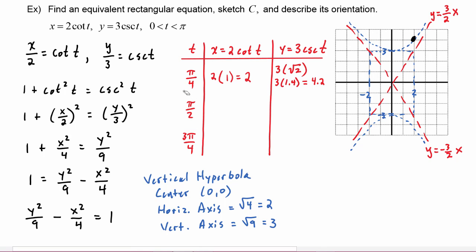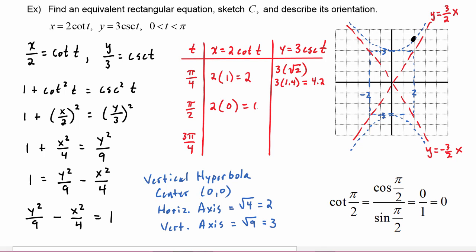Next, we plug in t is equal to pi over 2. For the x value, we have 2 times the cotangent of pi over 2, which is 0. So this becomes 0. For the y value, we have to do 3 times the cosecant of pi over 2, which is 1.